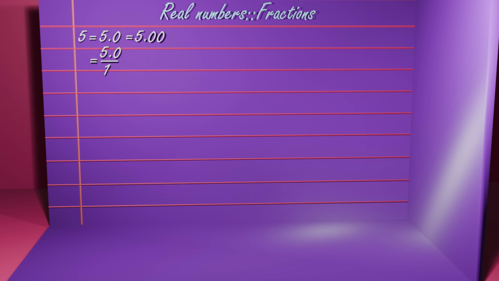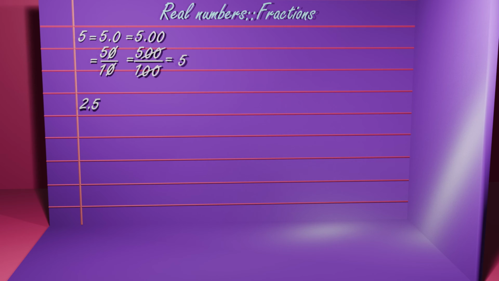If we remove the decimal in 5.0, we write 10 in the denominator because there is one digit after the decimal. So 5.0 becomes 50 by 10. Similarly, 5.00 becomes 500 by 100. Dividing 500 by 100 again gives 5. Hence, any number can be written as a fraction and any fraction can be written as a decimal.